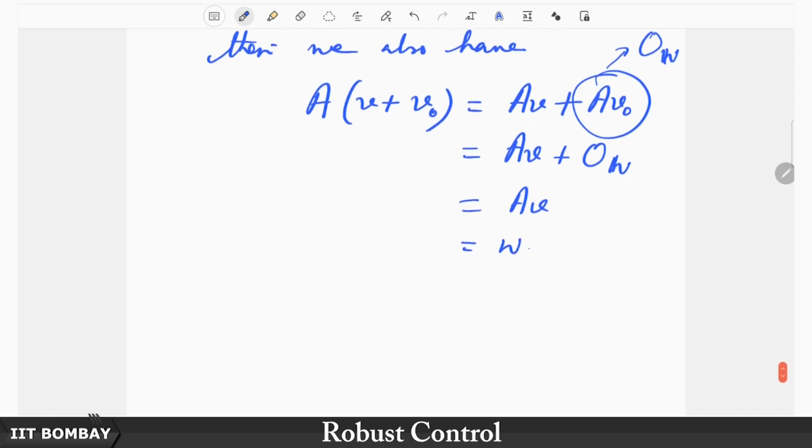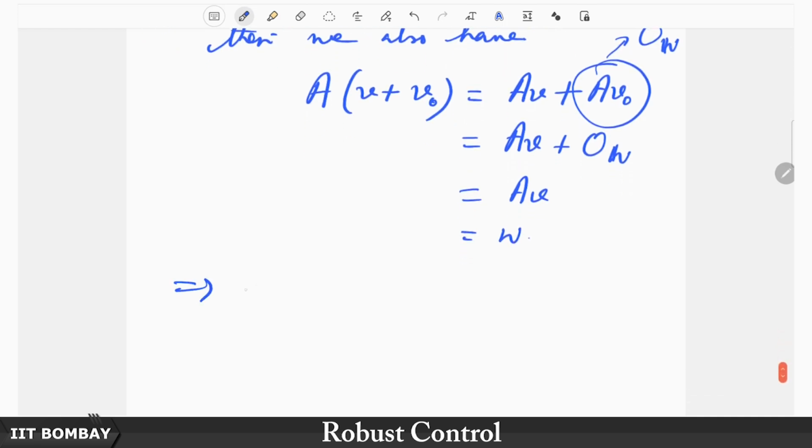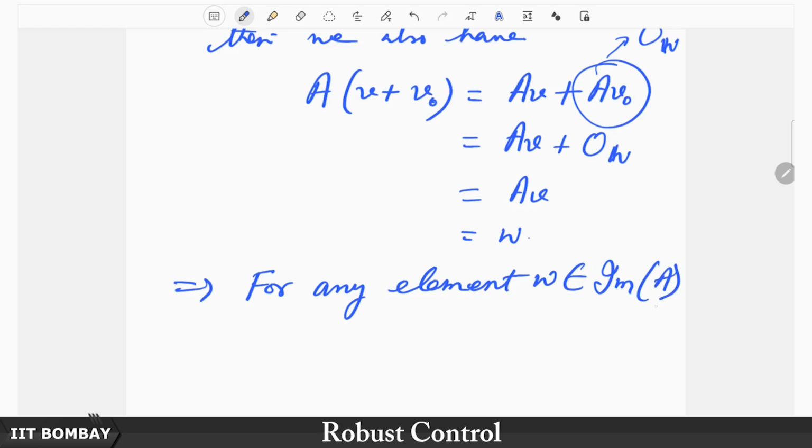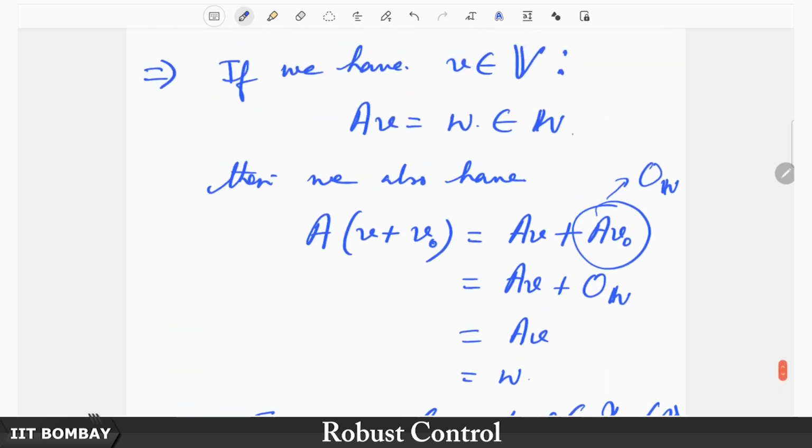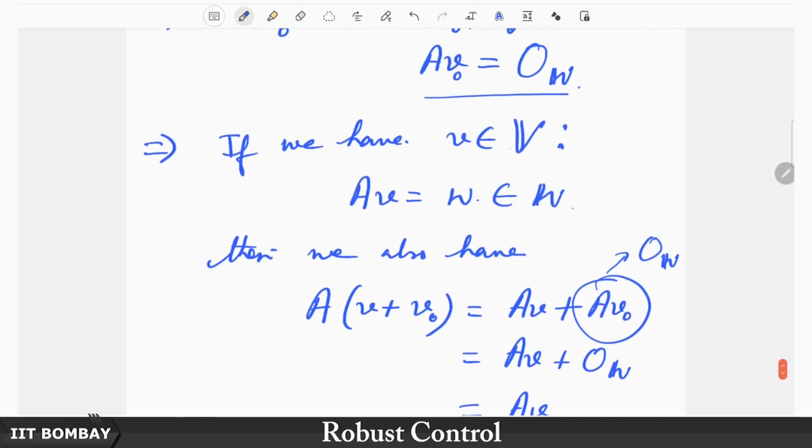So then this means, for any element W belonging to the image of A, listen very carefully to this and try to pay attention. When I said if we have a V belonging to V such that AV is equal to W, this is just an alternate way of saying that W belongs to the image of A, no?